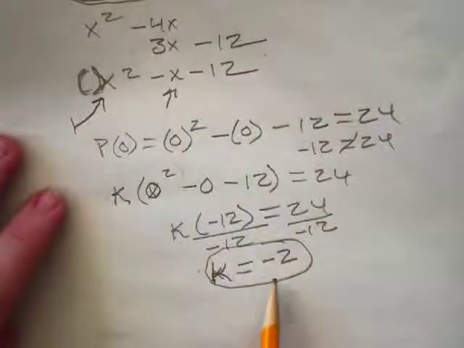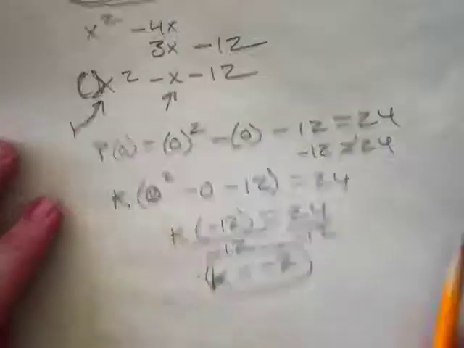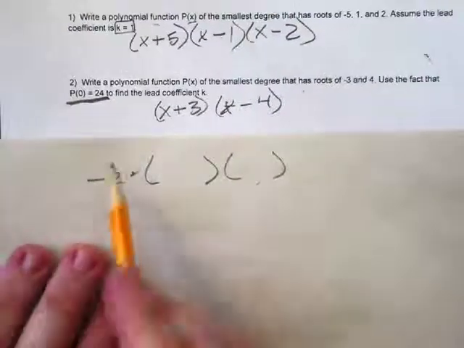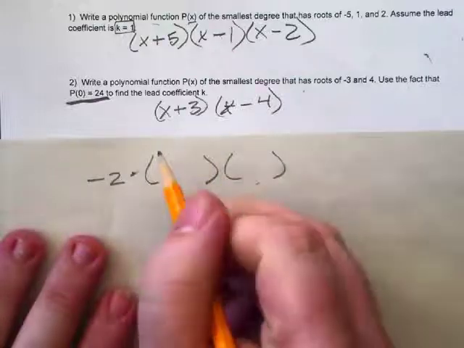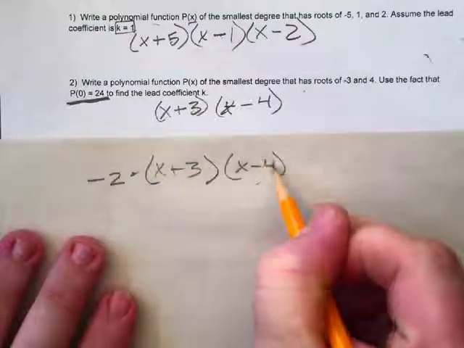In order for that to work, k had to be negative 2. That's the number in front that multiplies the whole thing. So all we're doing is plugging that in and saying, here's our negative 2 times the whole thing, and we have x plus 3 and x minus 4.